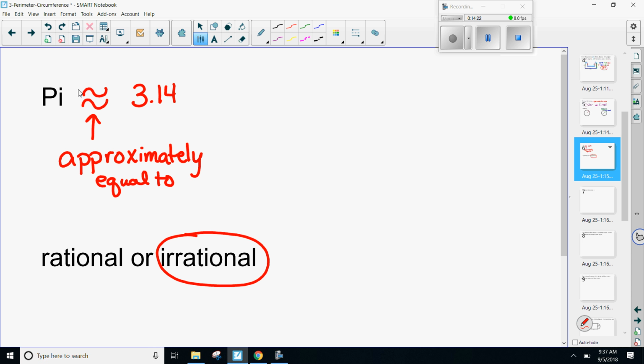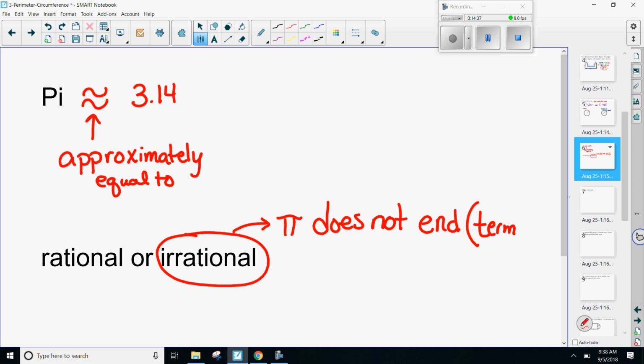Irrational number because pi does not end, which means terminate. The decimal does not terminate. It keeps on going. Pi does not repeat.